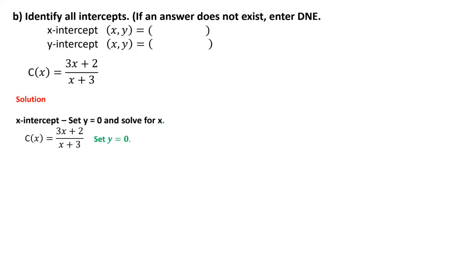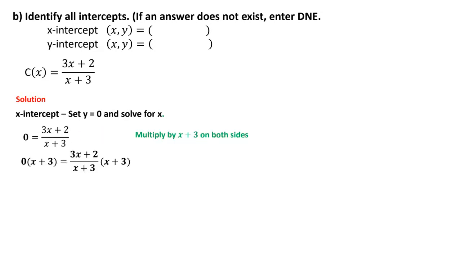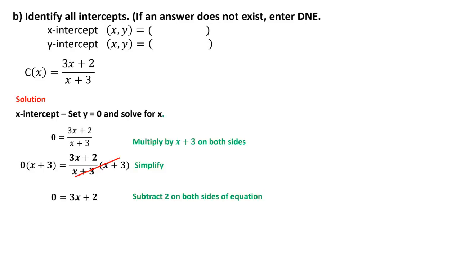Let's solve for the x-intercepts. To solve for the x-intercept, we're going to set y equal to 0, and let's solve for x. We multiply by x + 3 on both sides to get rid of the fraction. This is going to give us 0 = 3x + 2.